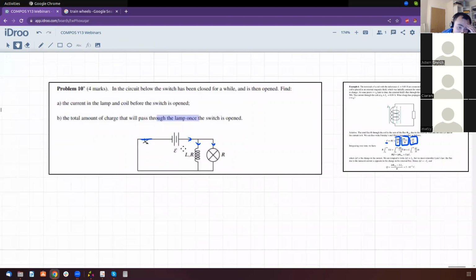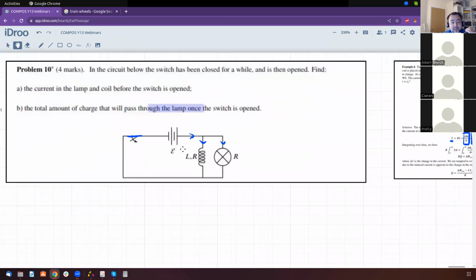Okay. So what's going on here? The switch has been closed for a while, and there's a current flowing. So this is just a normal circuit. You could say that this is a resistor, and that's it.